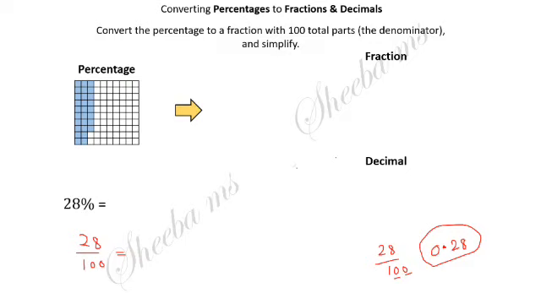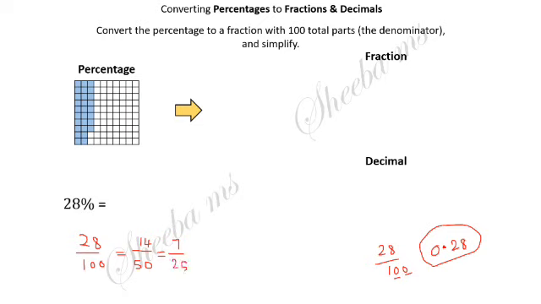And now we want to find the fraction form. We can simplify this. How? Let us take half of 100 and half of 28. Half of 28 is 14, half of 100 is 50. Again we can make it half: half of 14 is 7 and half of 50 is 25.